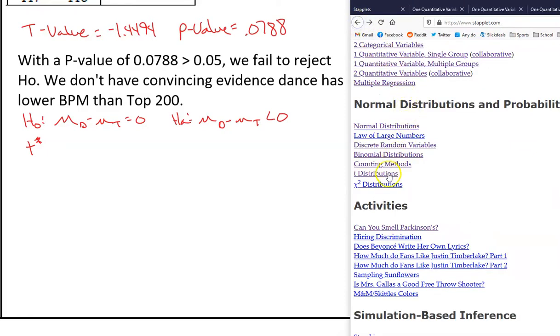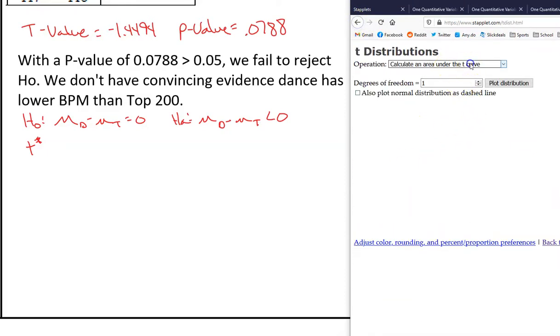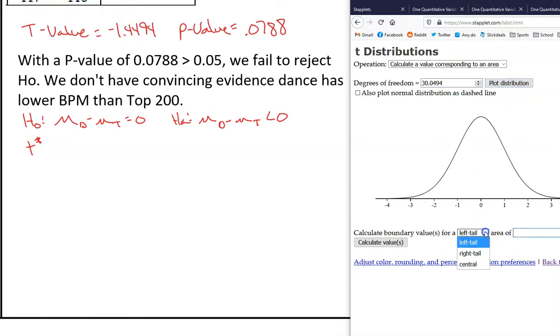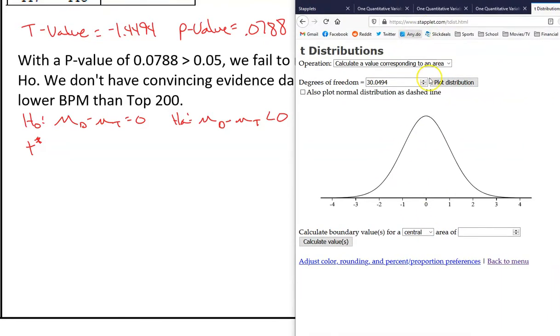Now remember, if you need to, I would keep that t distribution tab up. Remember, it's always the bottom one right there. And paste that degrees of freedom in there. And then you do center. So it's always the bottom of each of those options.